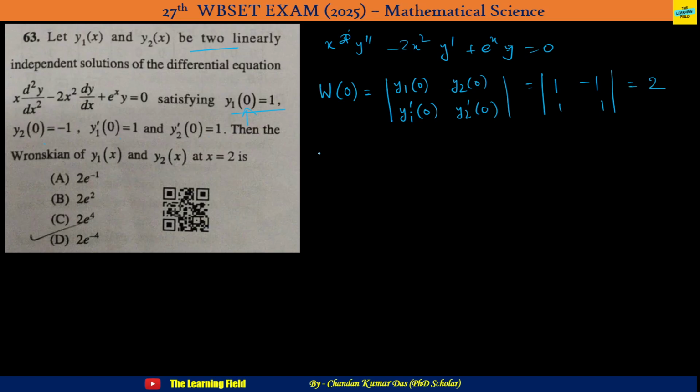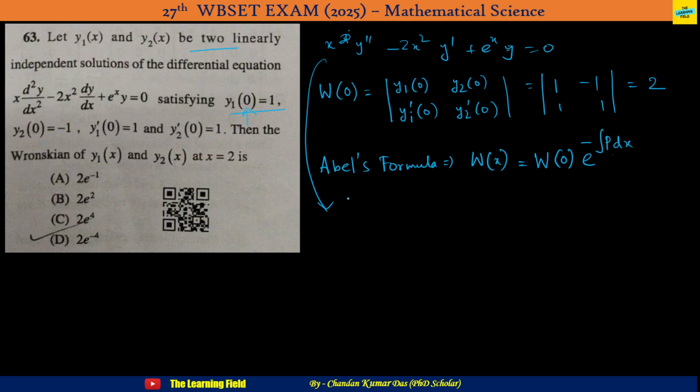Now if this is given, then we know by Abel's formula, what is Abel's formula? Abel's formula says that the general Wronskian is given by a constant, here we take W naught, times e to the power minus integration P dx. Now what is this P?